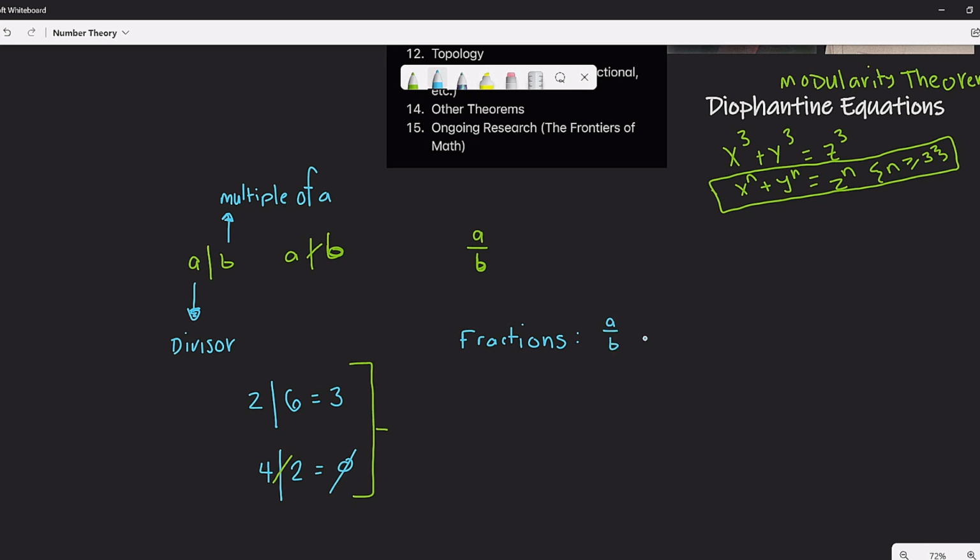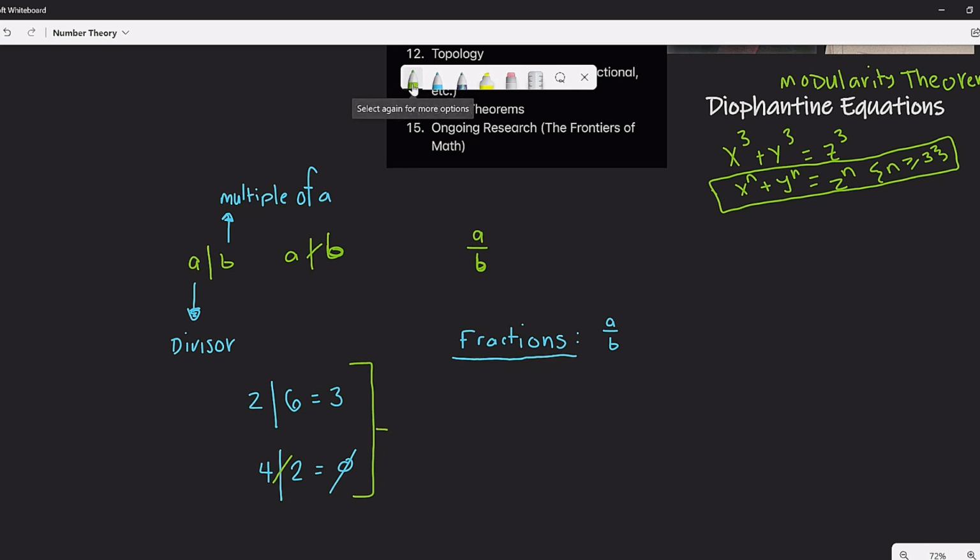A, B. A ratio of 2 integers. So A is an integer and B is an integer. And it's just a ratio of them. That is a fraction. And humans do not like working with fractions, believe it or not. We prefer whole numbers. We try to avoid fractions for some reason.